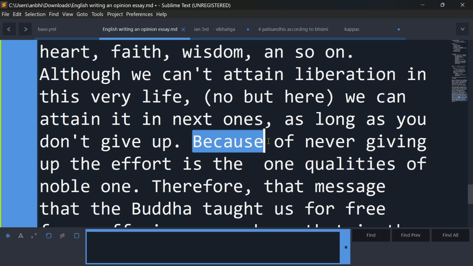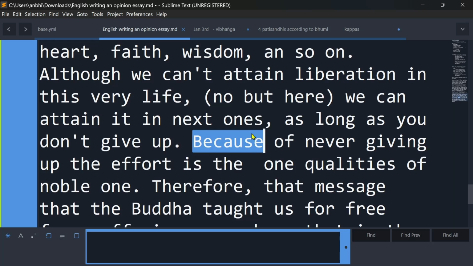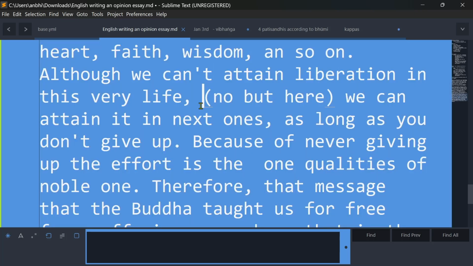Okay? Now he starts with "because." Because is also kind of a conjunction. So you see a little too many conjunctions here. Because I want you to practice it. Okay, yes. So this is almost like it belongs to the previous sentence, but it's already becoming too long.